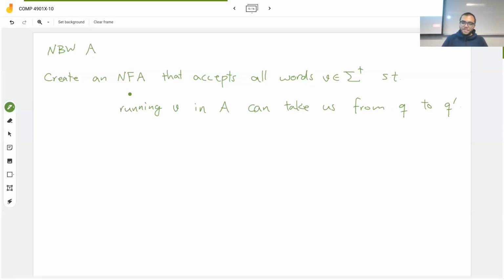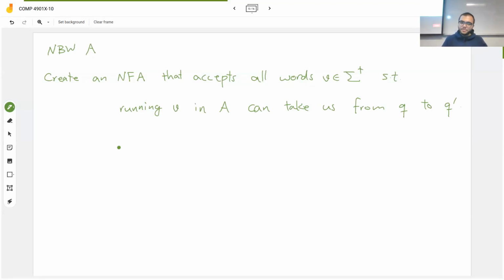Now, if I say you have to go from Q to Q prime and also see a target vertex, that's also easy. You just keep track of whether you've seen a target vertex or not. You just keep 2 copies of your automaton. 1 copy is for when you haven't seen the target vertices. The other one is for when you have seen.